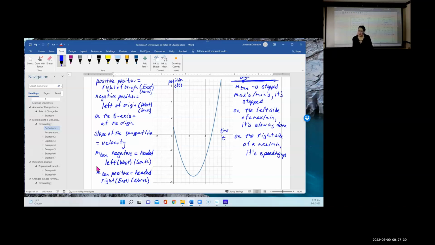Now, there's another piece of information to put on here. Well, there's several more. One has to do with the acceleration. When do you know it's accelerating and when do you know it's decelerating? So acceleration has to do with the concavity. So if it's accelerating, will be positive, then it is concave up.